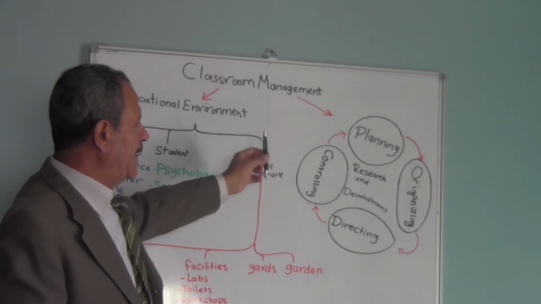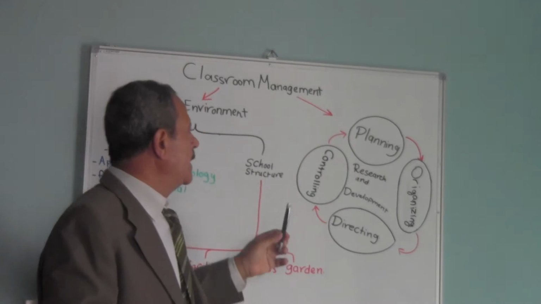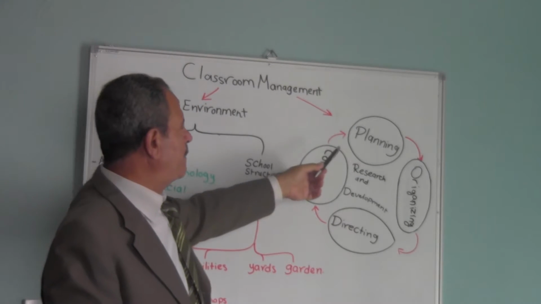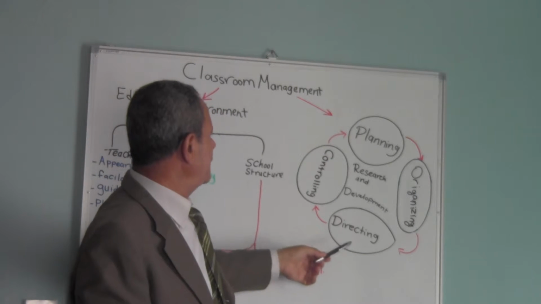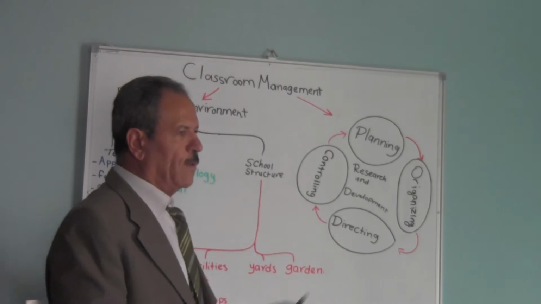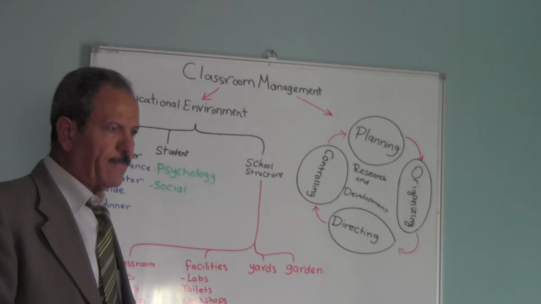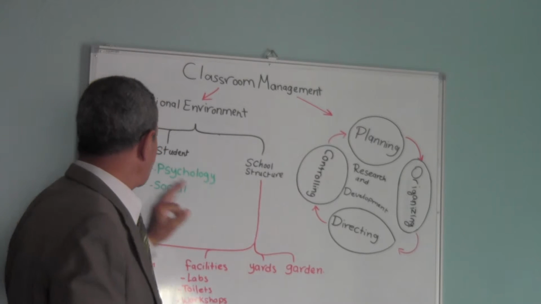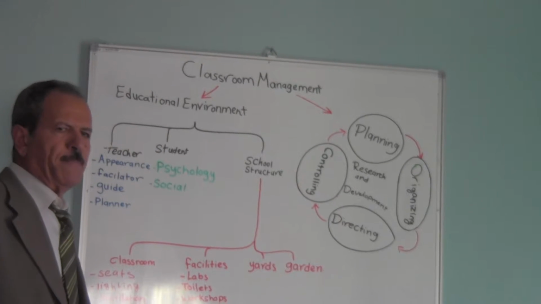The teacher is a manager in his classroom. He is going to be a planner, organizer, director, and controller, with interaction between these concepts. After that, let us shed light on the teacher to know something about him.